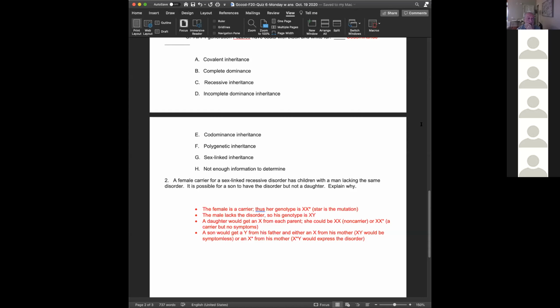So the problem with X-linked disorders is they tend to affect men more than women, simply because men don't have a second X chromosome to mask these things. Color blindness would be an example. Some male pattern baldness can come in. So there are plenty of real world examples of this. That would be pretty much a summation of what a good answer would be.